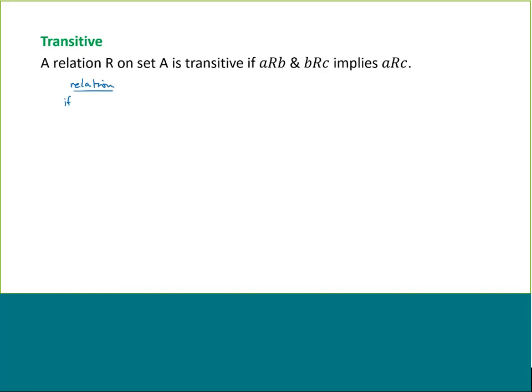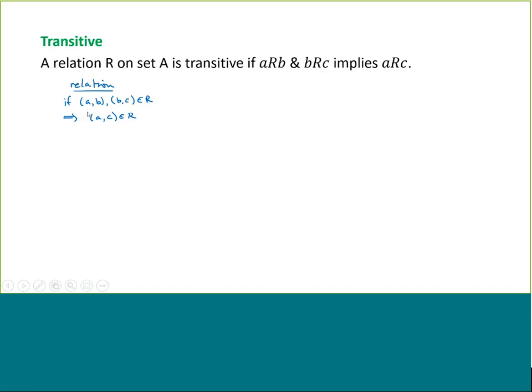This means that if you have both the ordered pair A, B and the ordered pair B, C inside of your relation, then you better find A comma C inside your relation. And this has to work anytime you have a pair of ordered pairs like that.